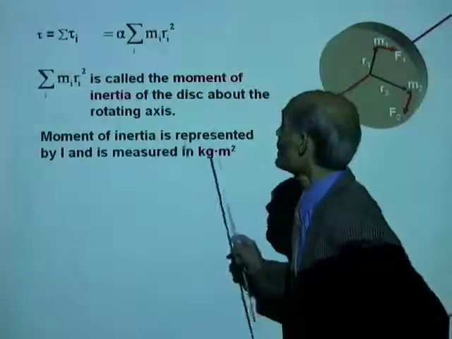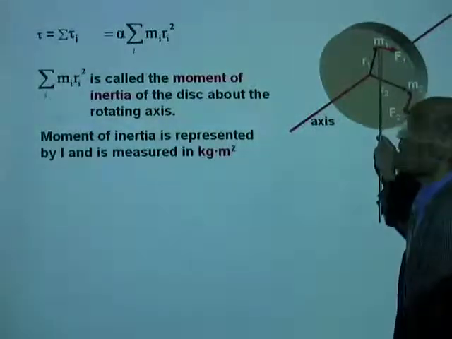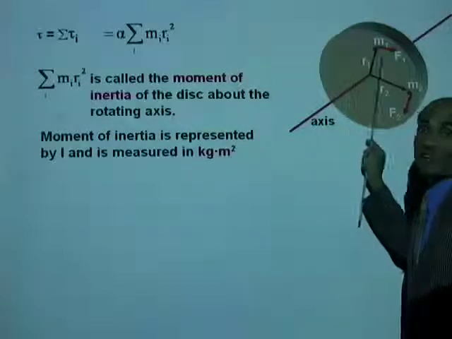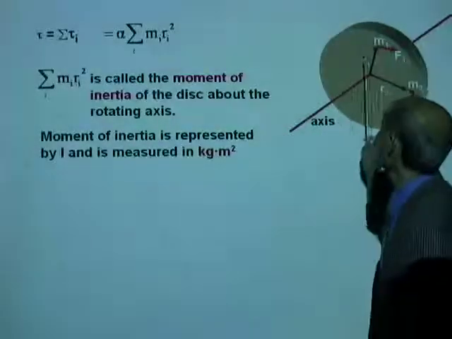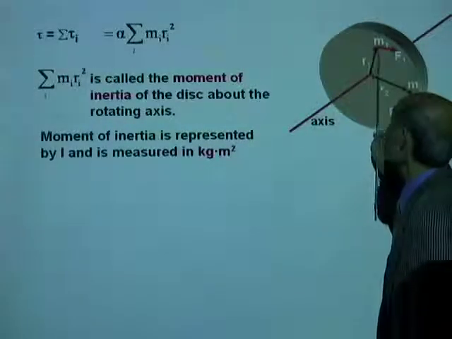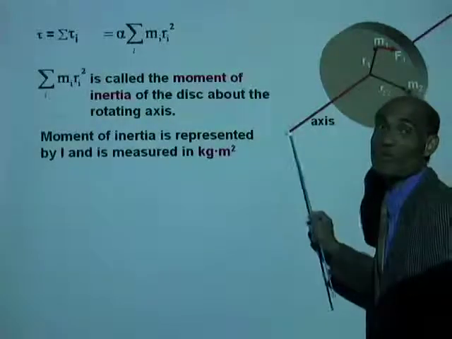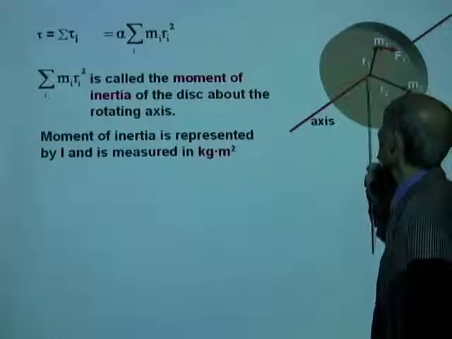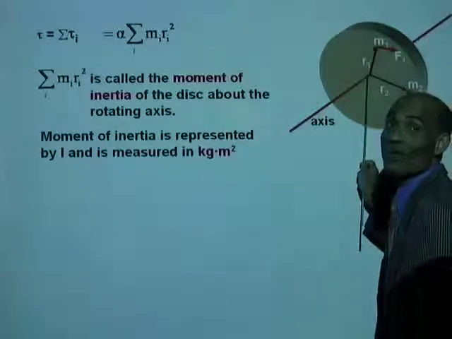So, let me ask you, if a point particle m1 is rotating about the same axis, what is the moment of inertia of this particle about that axis? The moment of inertia of this particle about this axis is m1 r1 squared.